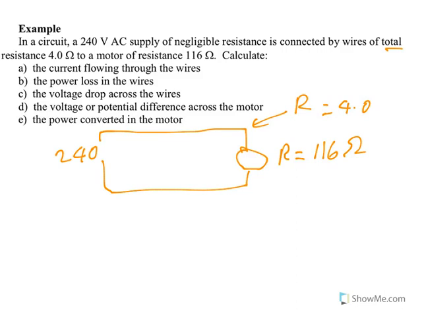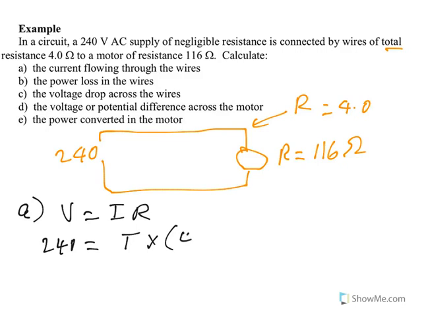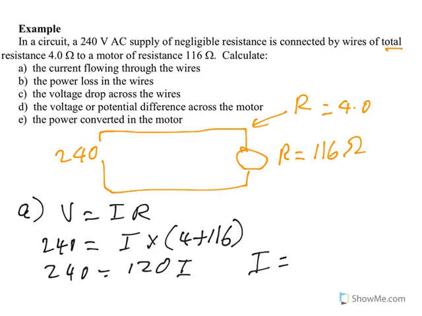V equals IR, the voltage is 240, the current flowing through the wires times the total resistance, which is 4 plus 116, so 240 equals 120I, so the current flowing through the wires is 2 amps.